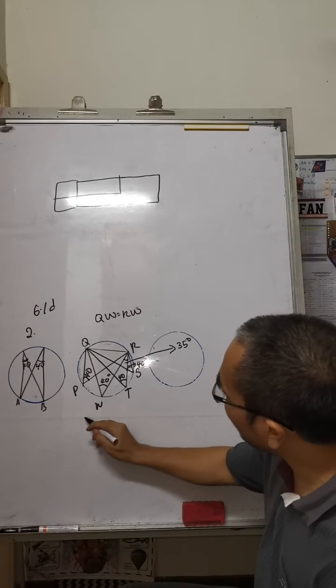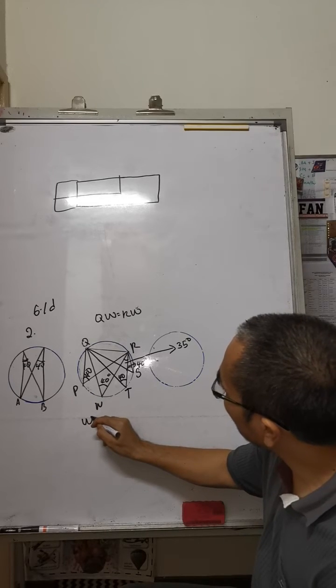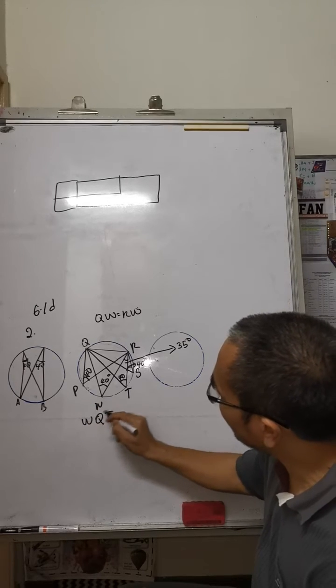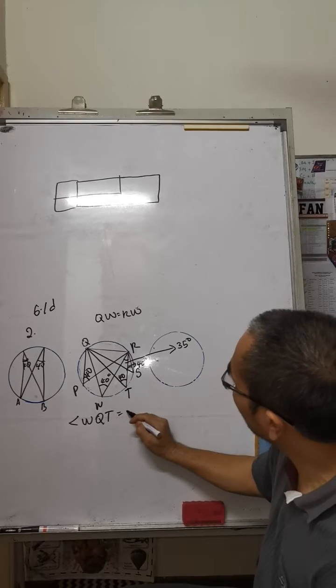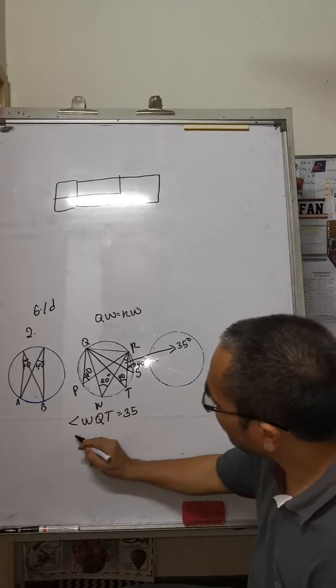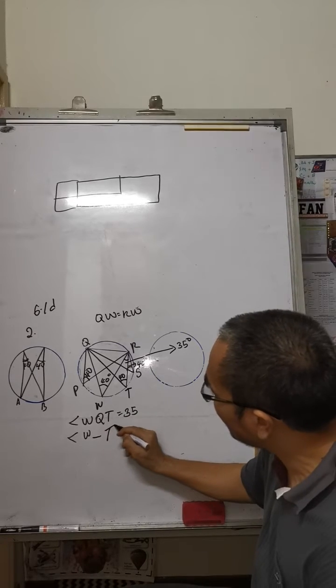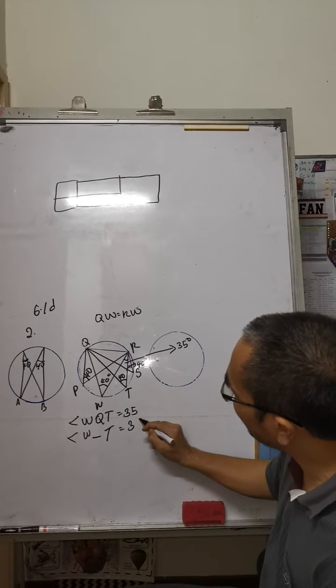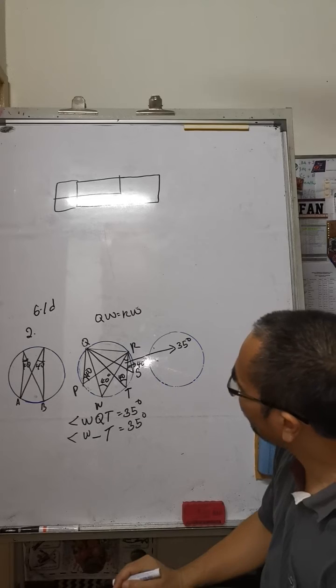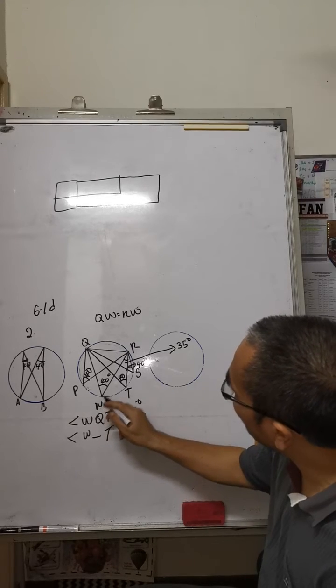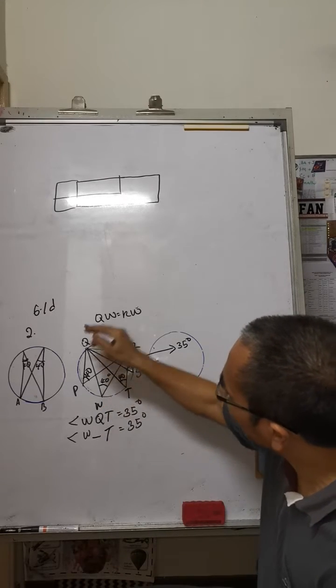Okay, how to look at it? WQT is 35 degrees. So if we have W and something and T at the end, it will be 35 degrees also. So WRT, WQT.